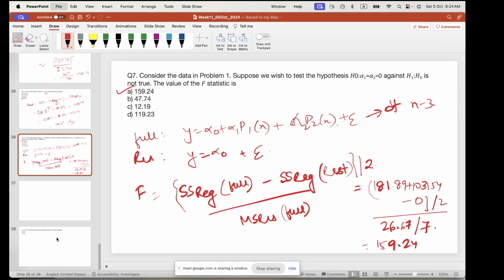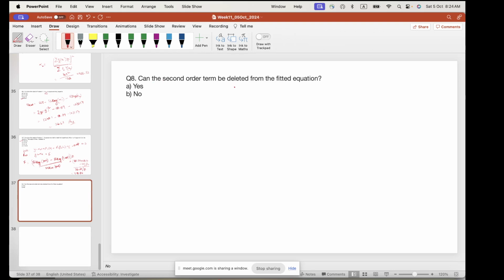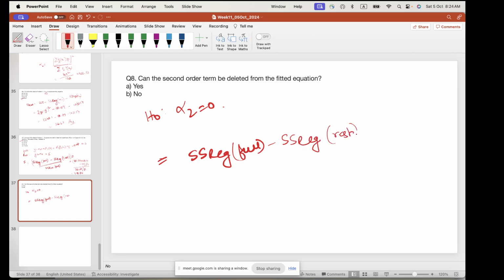Alright, so moving on to the last question for the day. Can the second order term be deleted from the fitted equation? So for this, we have to test H naught: alpha 2 equal to 0. So here again, we have to do SS regression full minus SS regression restricted by MS residual full, and this will follow F 1, 7.